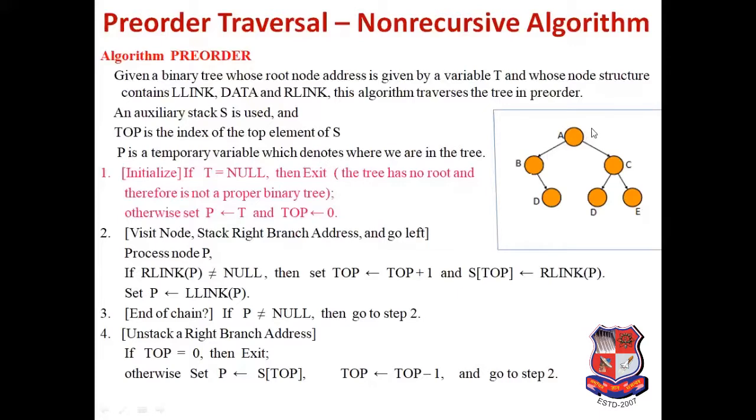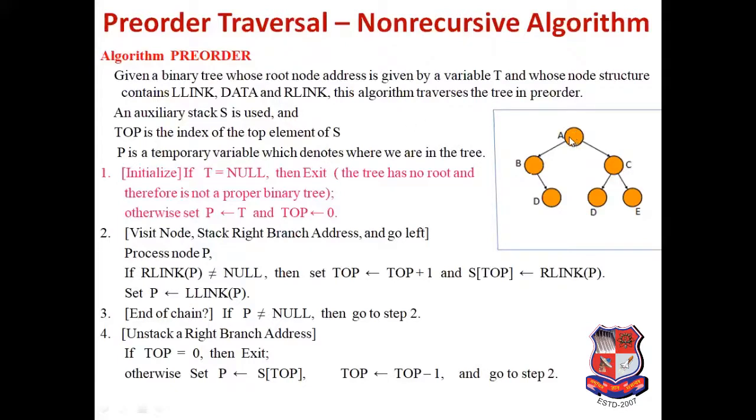That means we have traversed this node and we add this node to the traversal sequence. But before starting the traversal of the left subtree, what do we do? We first store the address of the right child into the stack, and then we start traversal of the left subtree. Why? Because after traversing the left subtree, we have to traverse the right subtree. In that case, we can retrieve the node from the stack and start traversing that right subtree.